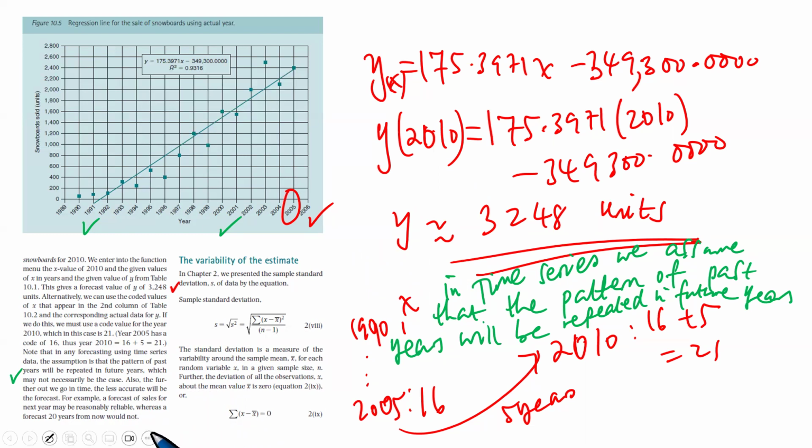They might forget about those things. For example, a forecast of sales of next year may be reasonably reliable, whereas the forecast 20 years from now would not. Okay. We have that.